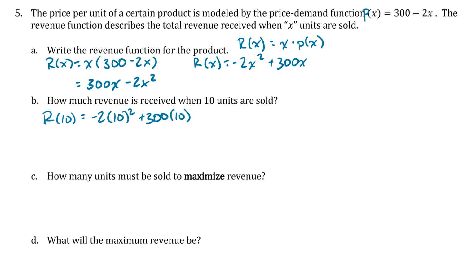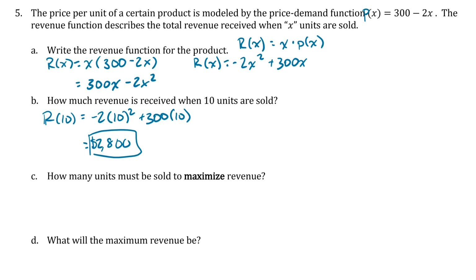Plug that into your calculator and you should get 2,800. So if 10 units are sold, $2,800 is what you're getting in.